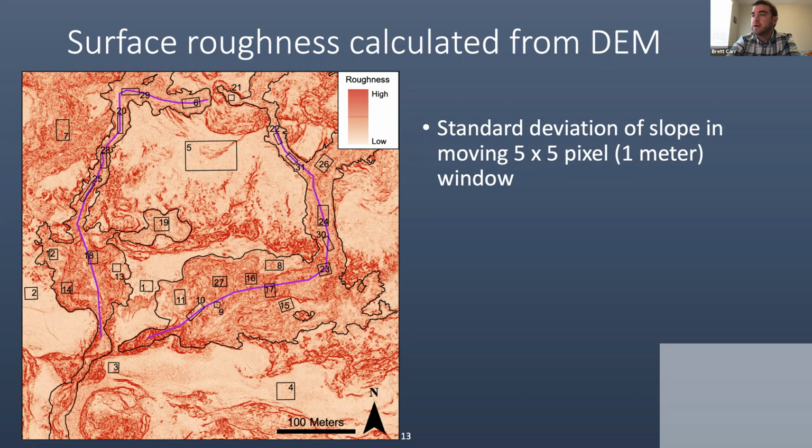And of course, the relative roughness of a surface is going to be sensitive to the scale at which you calculate your roughness. Something that's really rough on the order of 1 meter could appear very smooth if you choose a scale of 10 meters. So when working with roughness, you want to make sure it's sensitive to the scale of feature that you're interested in.